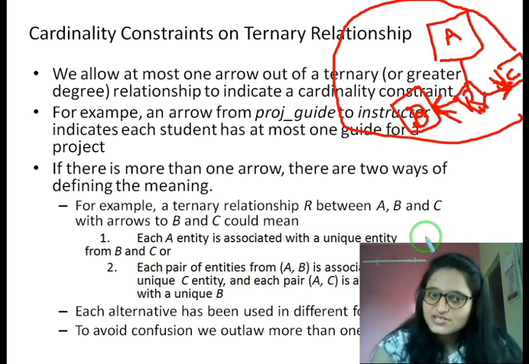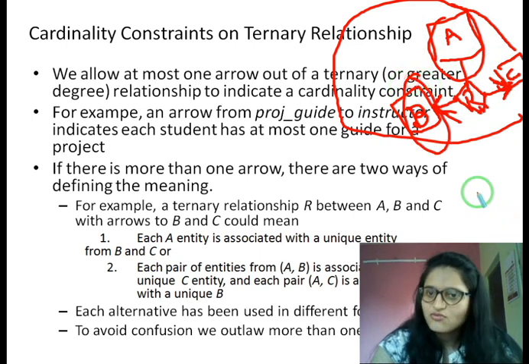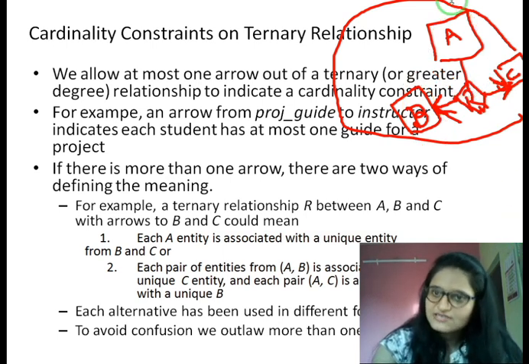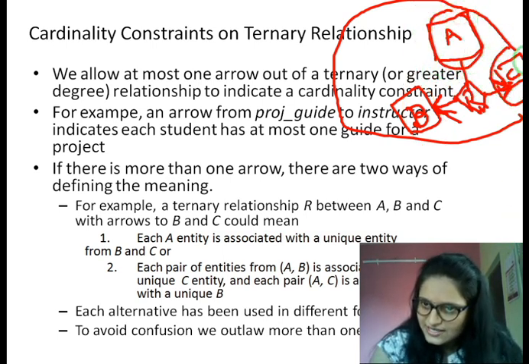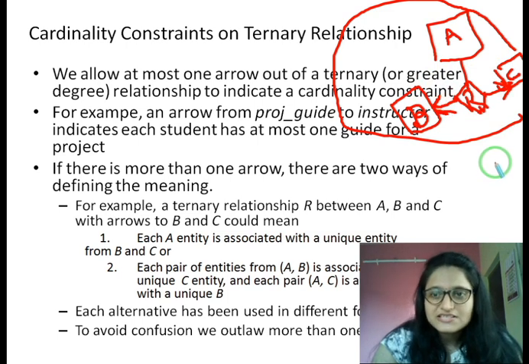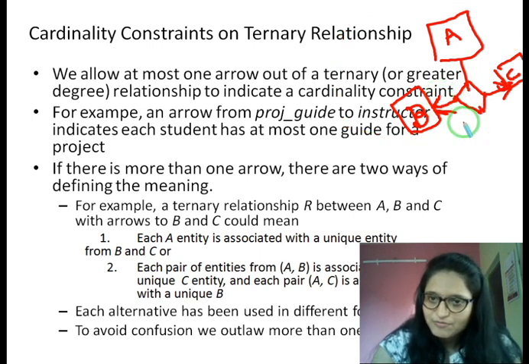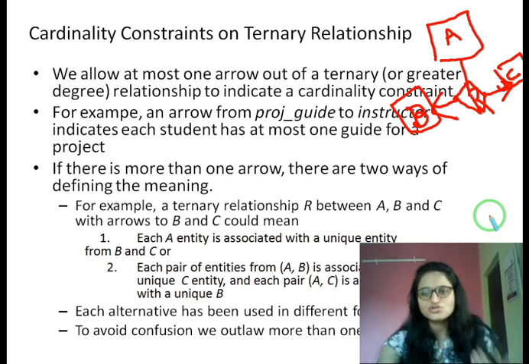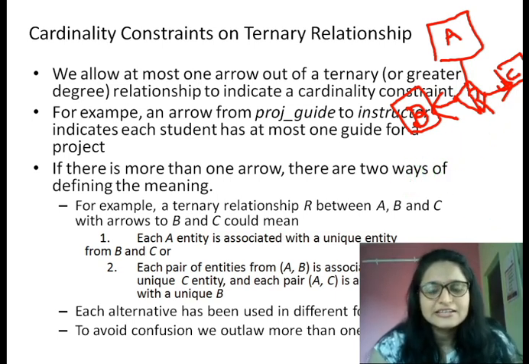Another conclusion drawn from this similar diagram is that each pair of entities from A and B gets uniquely associated with C. Vice versa, the pair A and C taken together is associated with a B. So dear student, from a single ternary relationship diagram, if arrows are placed on two entities, confusion occurs or multiple conclusions are drawn from a single diagram.